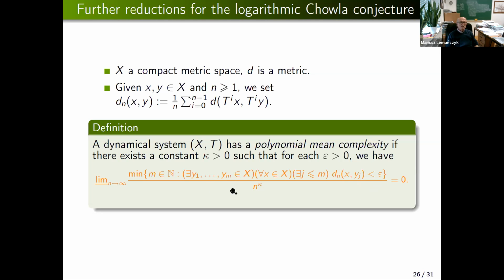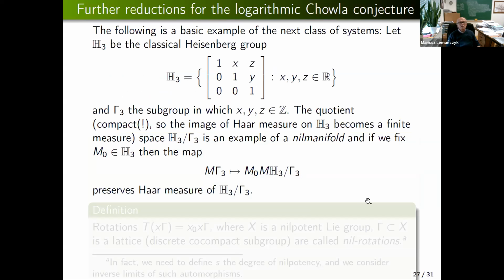Then we want to see that when we divide this by n to the k, this is equal to 0. It's just polynomial growth, so there's no logarithm. And for invariant measures it will be the same, up to the fact that we don't want to cover the whole space, but cover the space up to a set of measure smaller than epsilon.